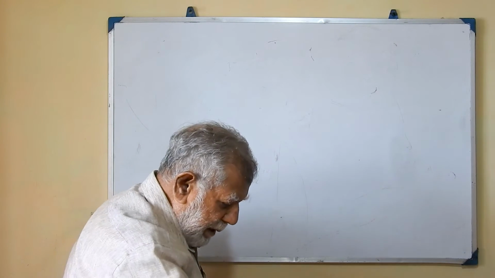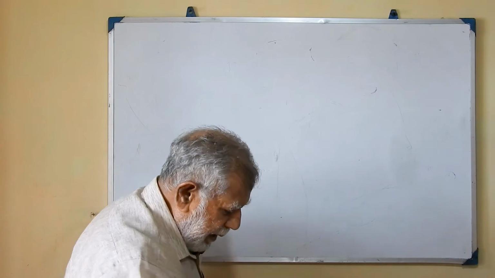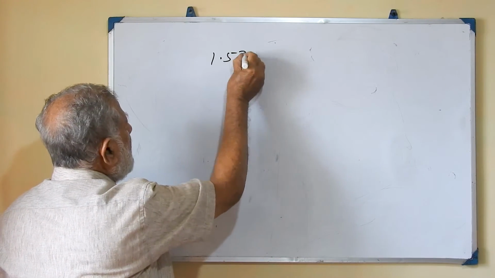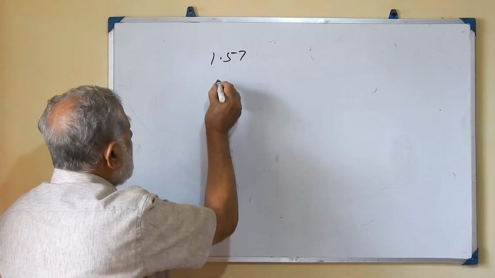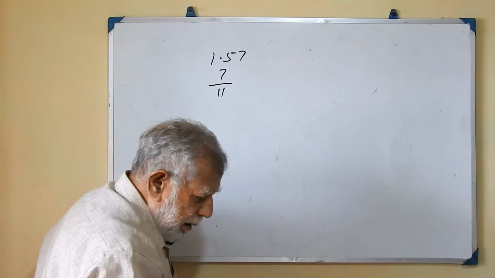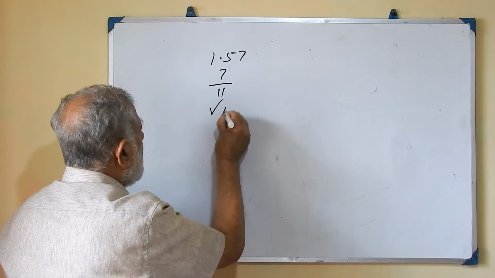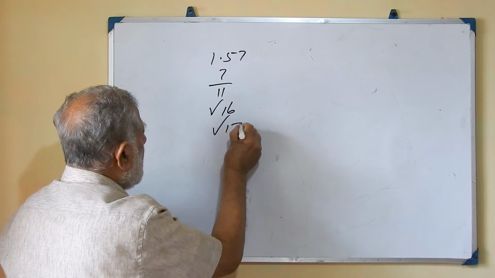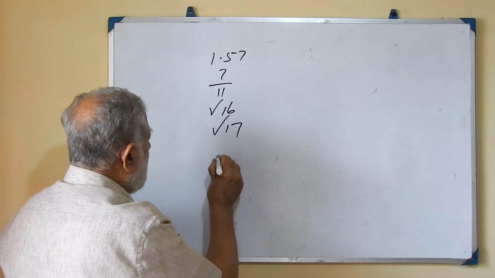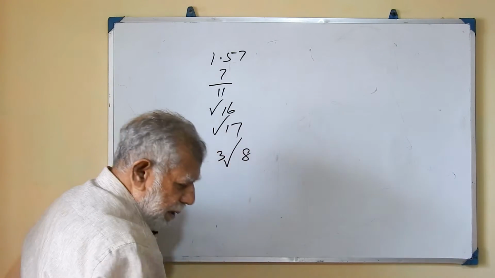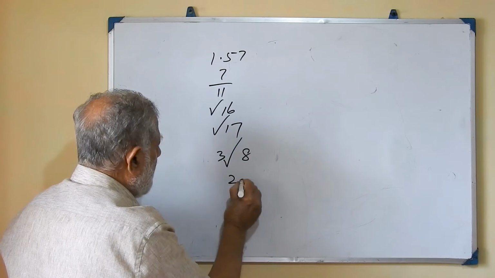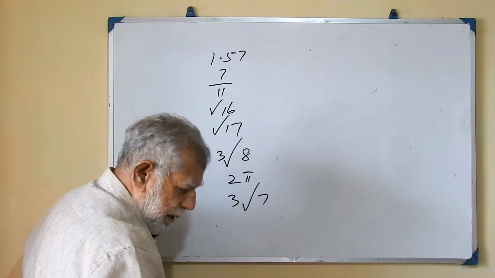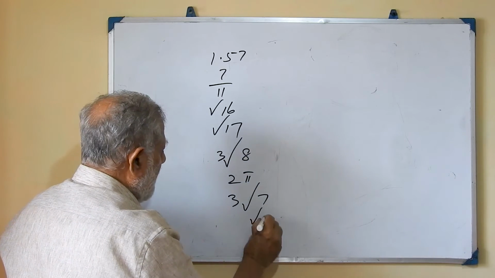We'll take a few numbers so that we'll be able to get some experience. So look at these numbers: 1.57, 7/11, root 16, root 17, cube root of 8, 2 pi, cube root of 7, root 3/2.